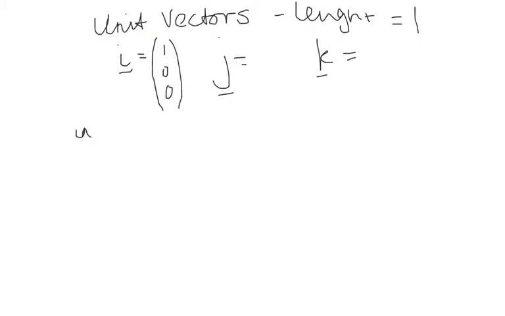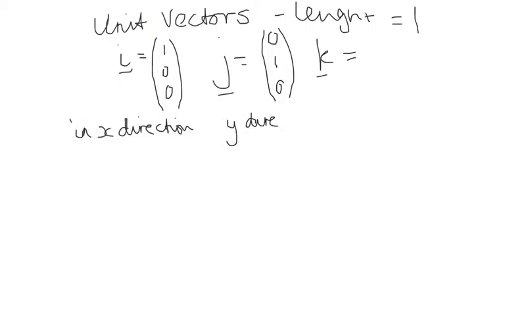This is the x direction. Unit vector j represents a vector with length 1 in the y direction, (0, 1, 0), y direction. And k is a unit vector in the z direction, (0, 0, 1).